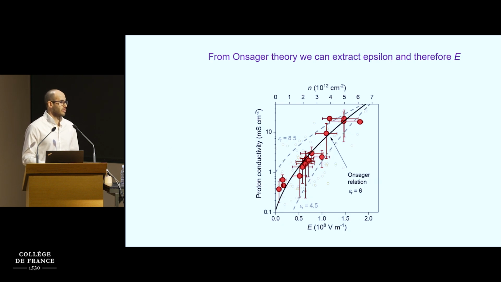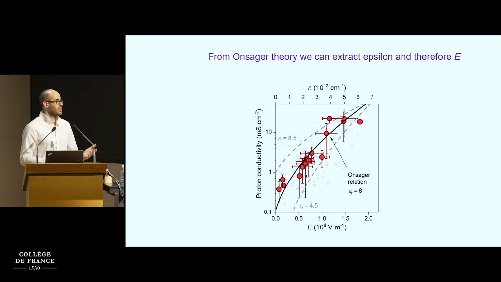So we fitted this theory to our data, and what we see is that the slope of charge carrier density versus proton conductivity tells you the dielectric constant of the system, in this case interfacial water. Our data is consistent with anywhere between 4 and 8 roughly, and the best fit is around 6 for the dielectric constant of interfacial water.